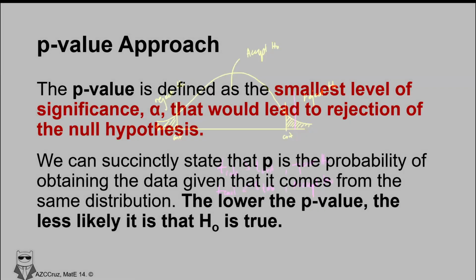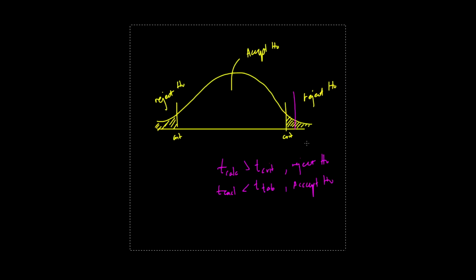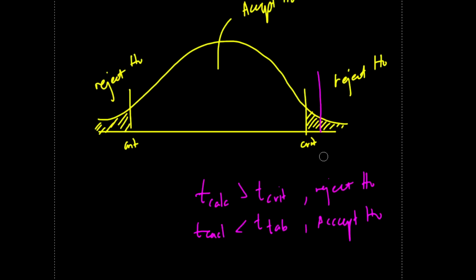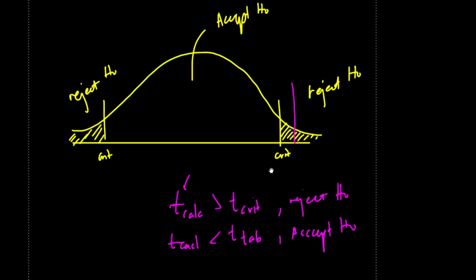Here, we are looking for a test statistic T-calc, then we check if it falls in the critical region. Right? That's what we do in the alpha approach. But what the p-value approach says is, if I have my t-value, this t-calculated, then I can establish a region for which it is significant.